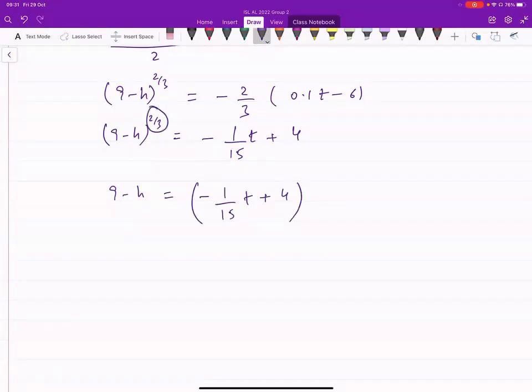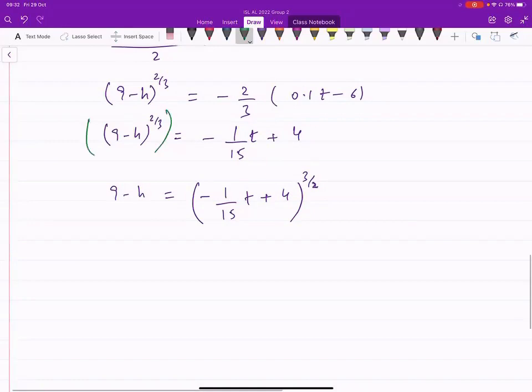It's going to become 3 over 2. What we're doing is, इस पावर को खत्म करने के लिए हम रेज टू पावर 3 कर रहे हैं और स्क्वायर रूट ले रहे हैं, ताकि वो पावर हमारे पास कैंसिल हो जाए.